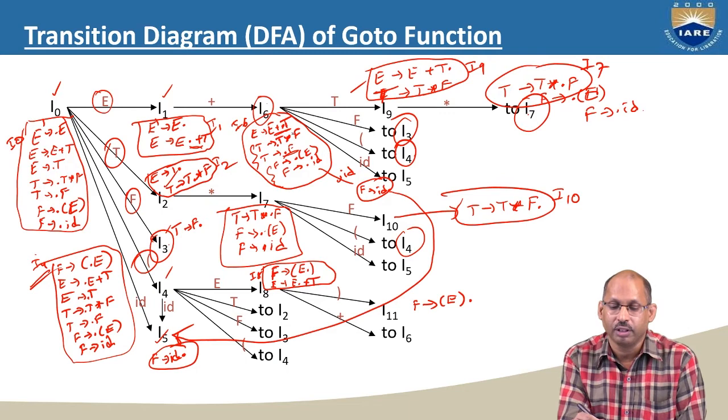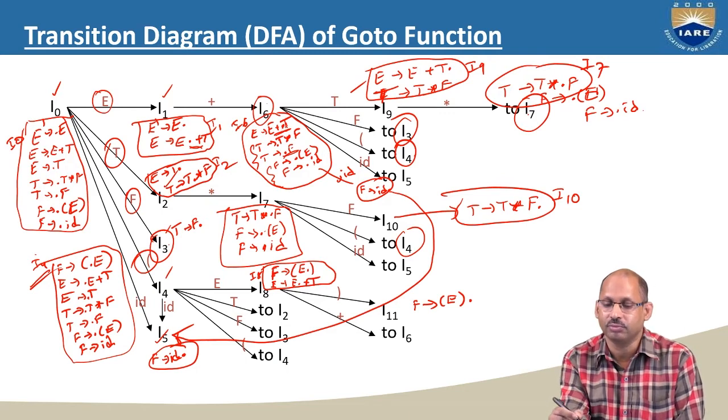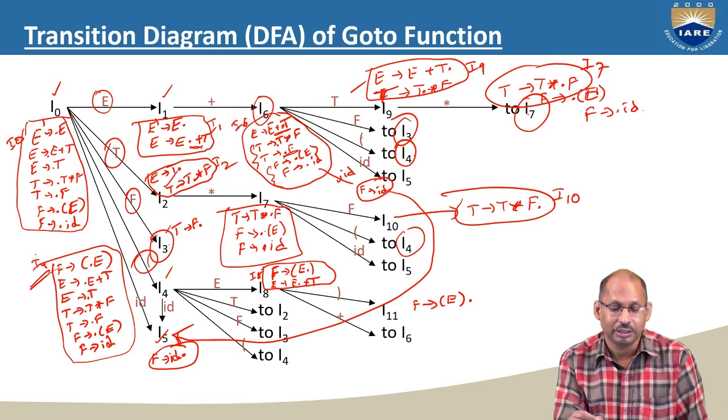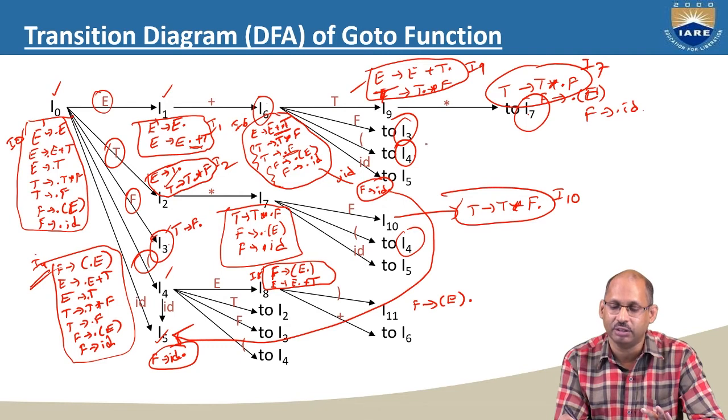So here on T it goes to T → T . * F, that is I9. On F, it gives the same set as I3. On the left parenthesis, it gives the same set as I4.